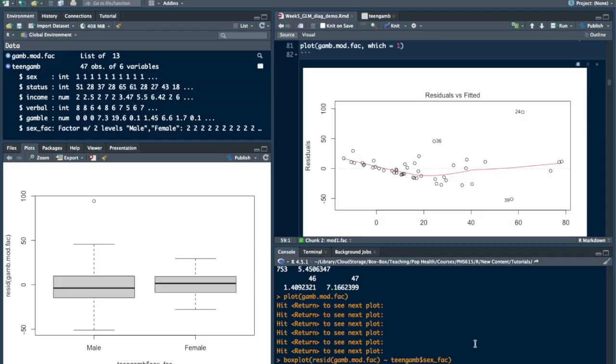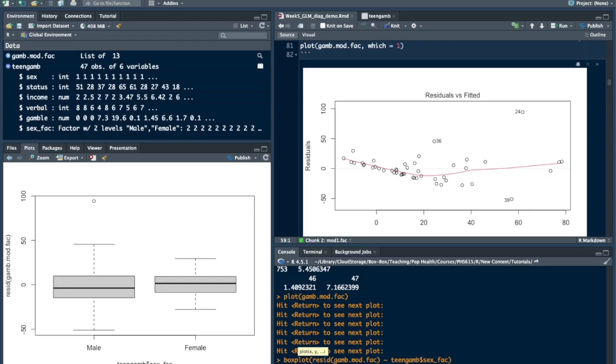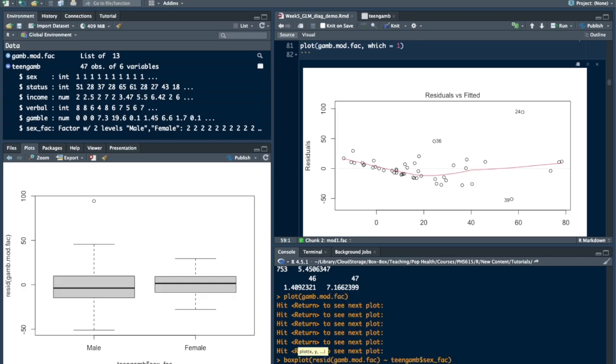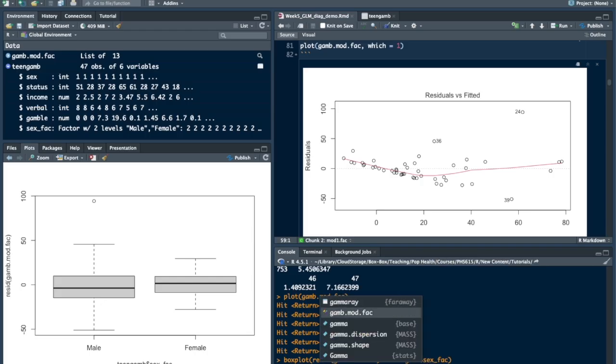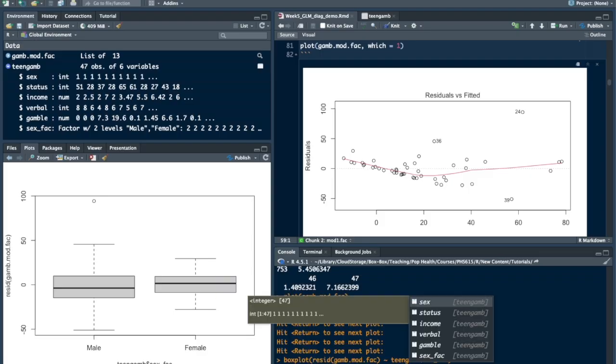Let's look at how it looks for income. So in this case, instead of box plot, we'll use a regular scatter plot. So we'll do plot resid. Actually, on the x-axis we want the predictor. So we'll plot teengamb. Or actually, we can do it with the formula interface. So we'll do resid gamb mod fac on teengamb, in this case, income.